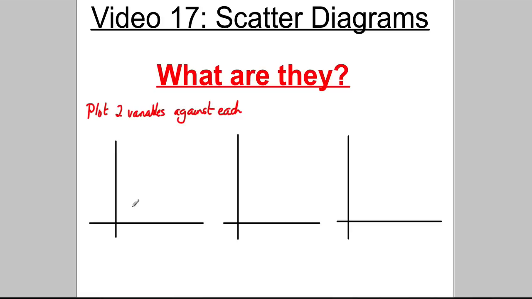So you either see generally, as you go up along the x-axis, you're going up along the y-axis, or you see as you're going up along the x-axis, you're coming down along the y-axis, or you see no discernible pattern, nothing where there's a pattern.